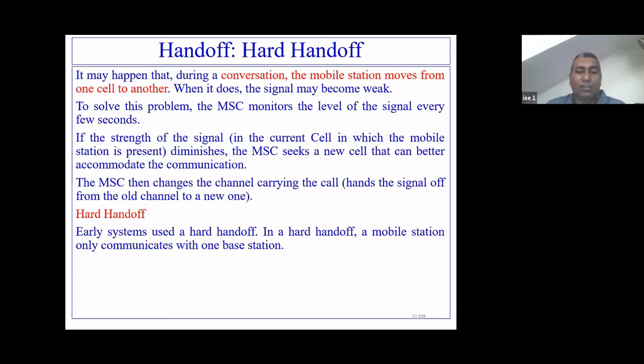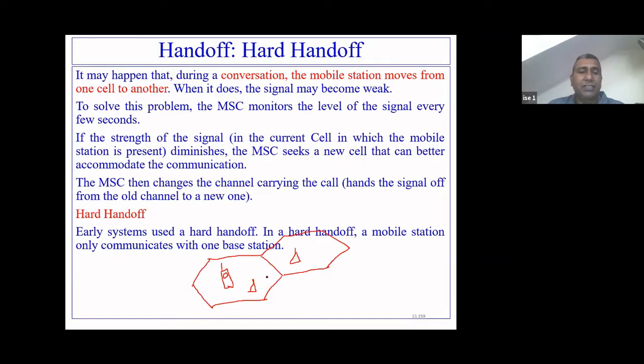Whenever a mobile station was moving, you got the idea, let me explain this through a mobile station. Assuming that this is the mobile station, which belongs to a particular base station, and it is there in a particular switch, and then this particular mobile station is moving towards another cell, something like this, and this is the base station.